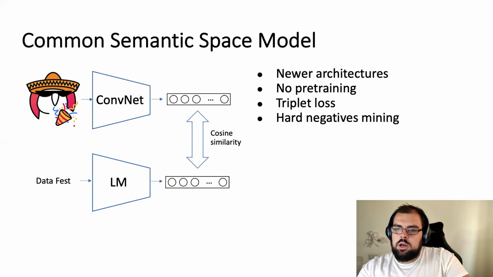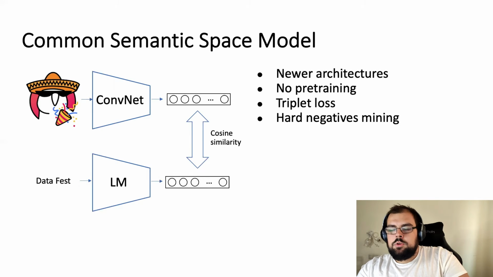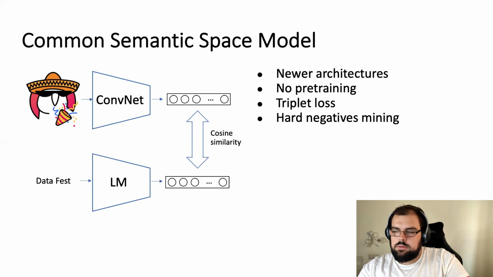What has changed since then is newer architectures, obviously. We no longer need pre-training, as there is a lot of data available from image searches, user queries, and clicks of users on found images. Mostly the same triplet loss is used. The only tricky thing here is to have nice hard negatives mining.